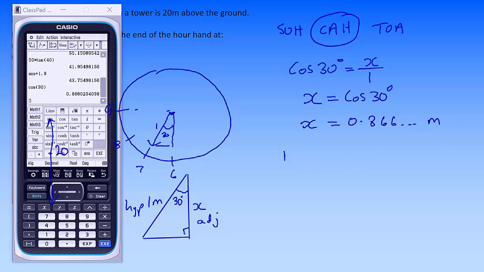And therefore the height of the hand would be the 20 to the clock face, take away the 0.866, and so on, that this hangs below.